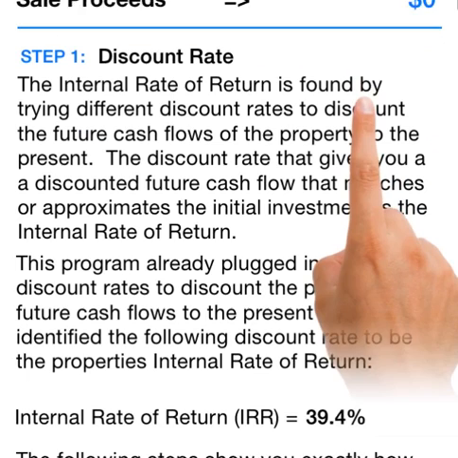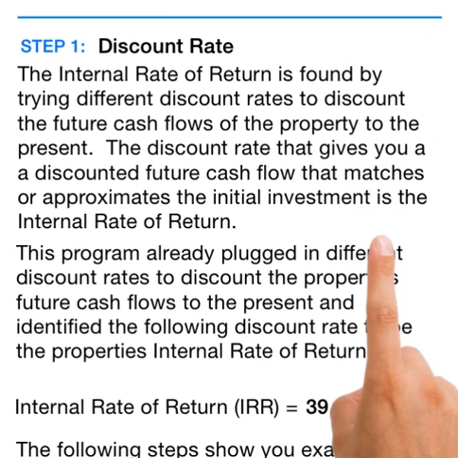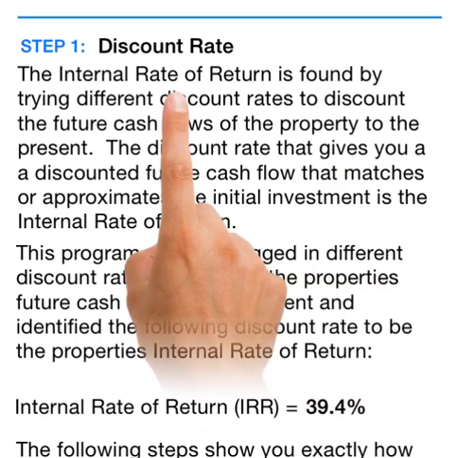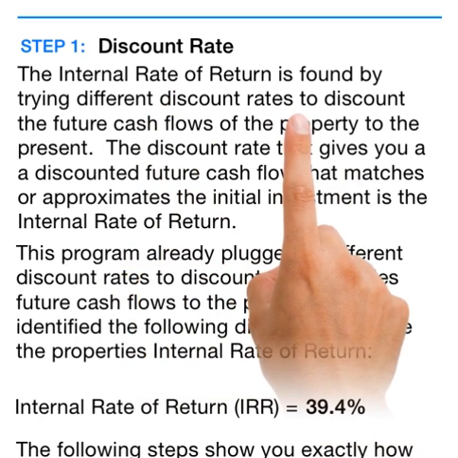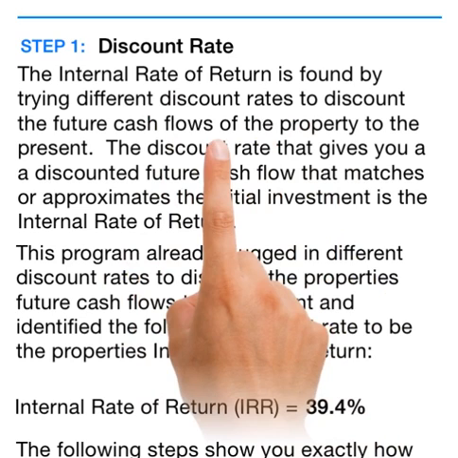In step number one, the first thing that we need to do is try different discount rates for the future cash flows.